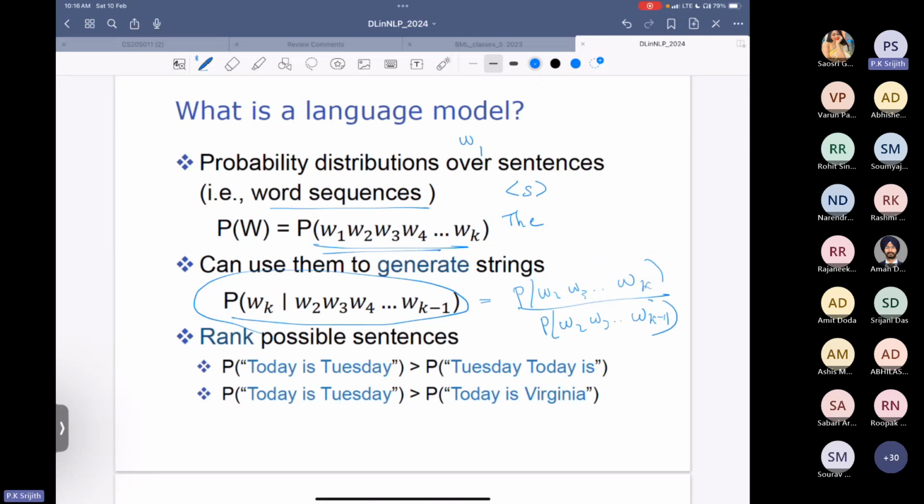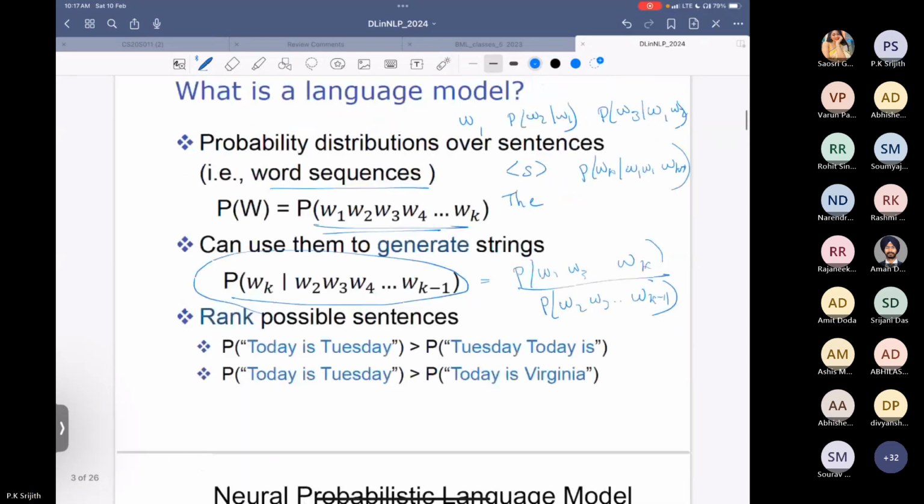And then the model can make use of this probability distribution to provide you the second word from the conditional probability of W2 given W1. And then the third word from the conditional W3 given W1, W2. And the final word from the conditional Wk given W1, W2 up to Wk minus 1. That can be useful for generating new sentences also. So this is what the language model does.